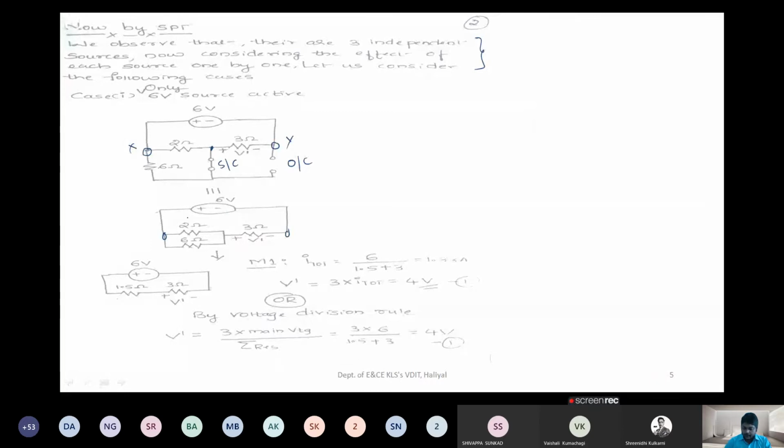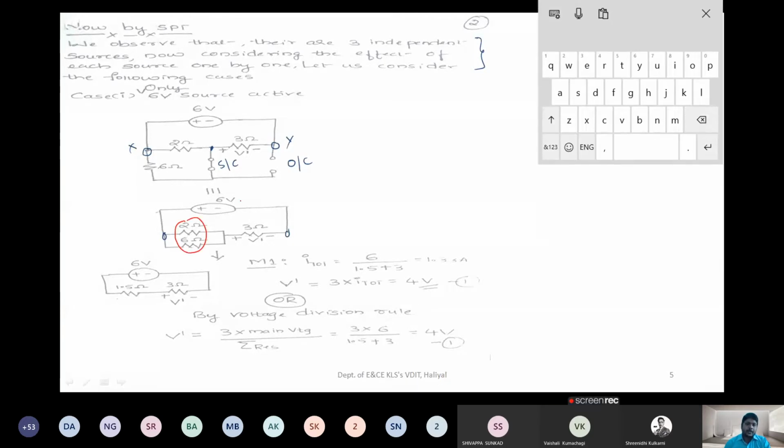You can observe that the 2 ohm resistor and 6 ohm resistor are in parallel. If you calculate the parallel equivalent value, you will get 1.5 ohms, 2 into 6 divided by 2 plus 6. So this is the final network we are getting.